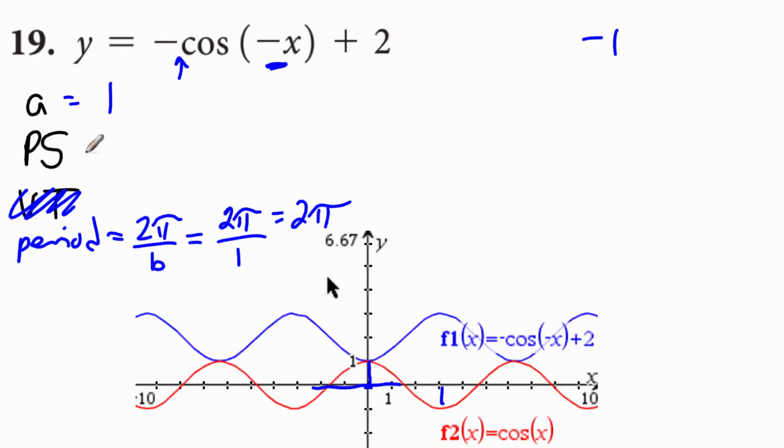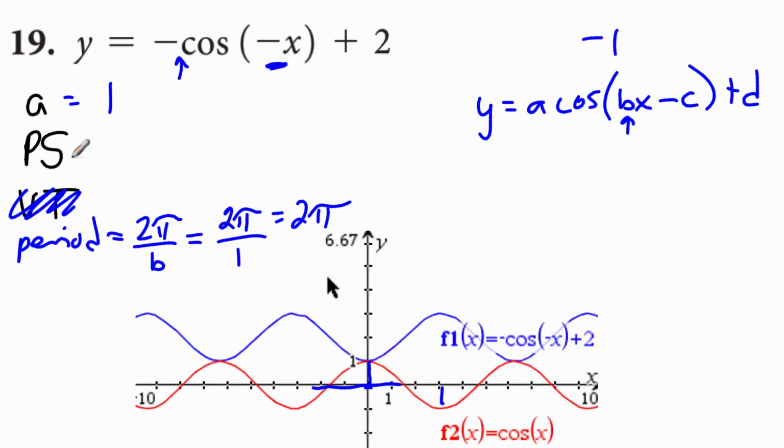Now, the phase shift refers to the c value. I should have written out the general form to start with: a cos(bx minus c) plus d. The period is 2 pi divided by whatever's in the B spot. The phase shift is c divided by b.